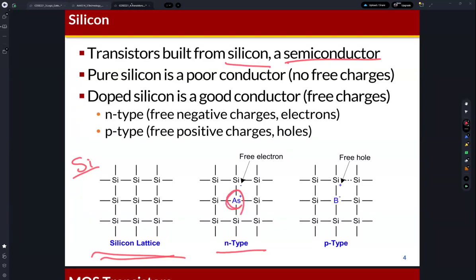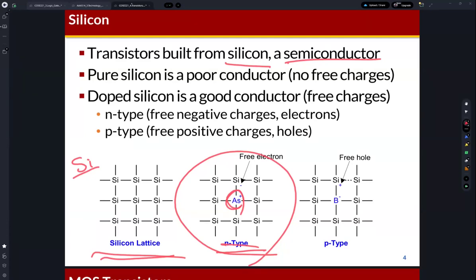Because of this arsenic, the silicon can include more free electrons. This is called n-type silicon, which means this is silicon that includes more free electrons compared to pure silicon.